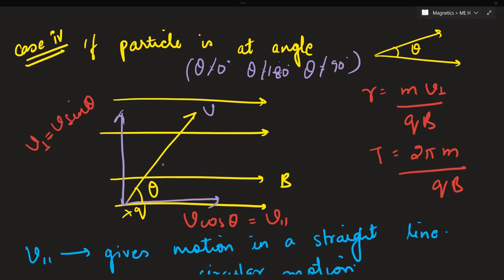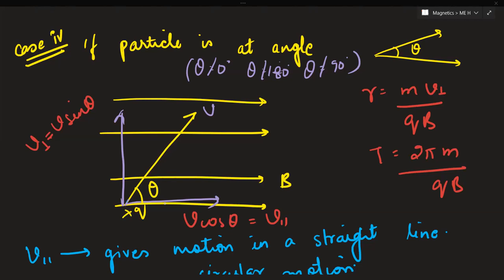So if it's a random angle, you will solve it by F is equal to qvB sine theta only. If you resolve the velocity, the angle made with the axis becomes cos theta. So this is v cos theta, this is v sine theta. Notice I have written a parallel sign and a perpendicular sign.